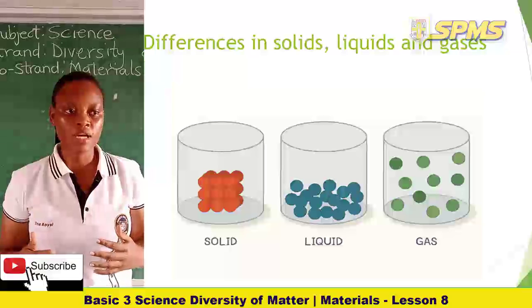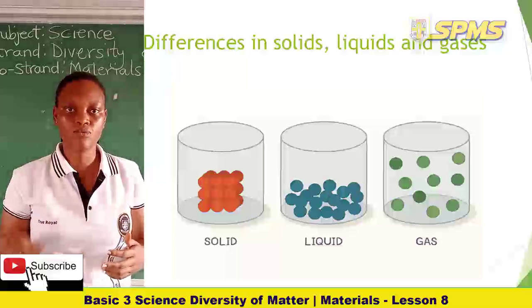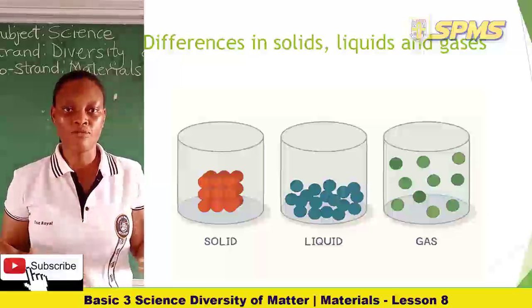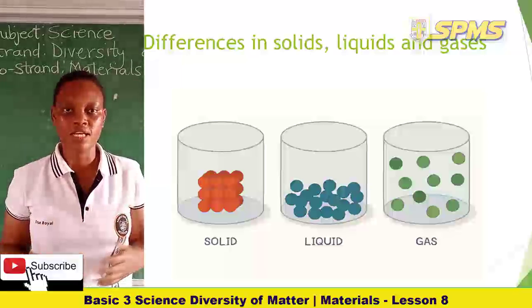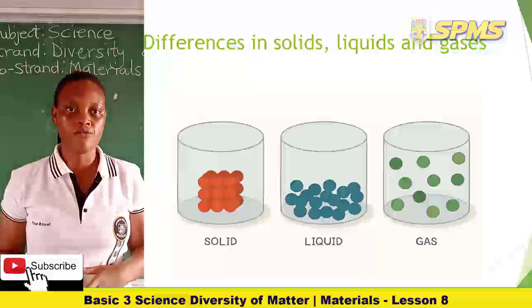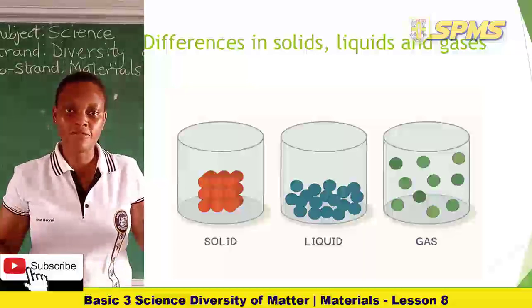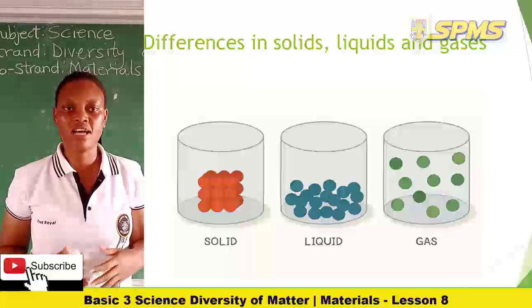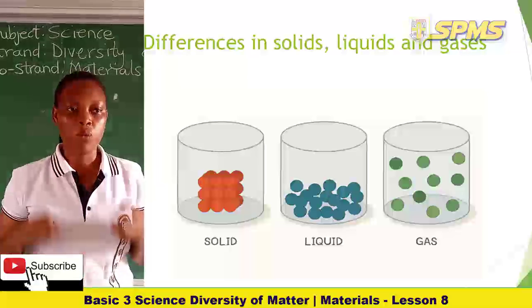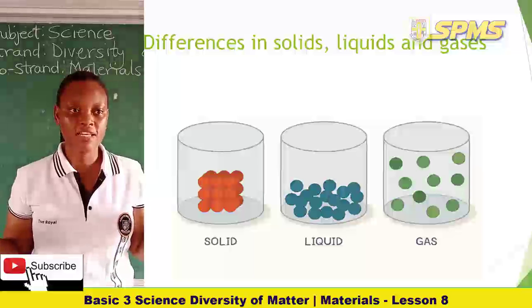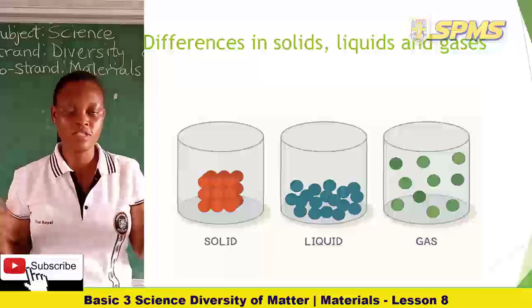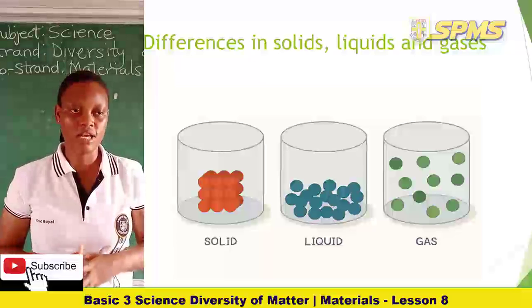And then the liquids are widely spread around, even though they move around in the container. They take the shape of a container. They fill the container. And then we have the gas. We realize that the gas is widely spread around. So they are moving around in the container.